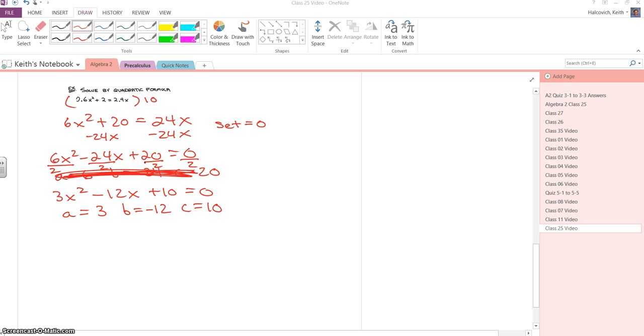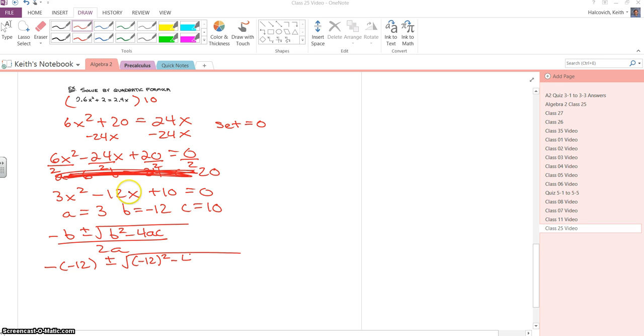So when we substitute in, remember it's negative b plus or minus the square root of b squared minus 4ac all over 2a. So the opposite of negative 12 plus or minus the square root of negative 12 squared minus 4 times 3 times 10 all over 2 times 3.